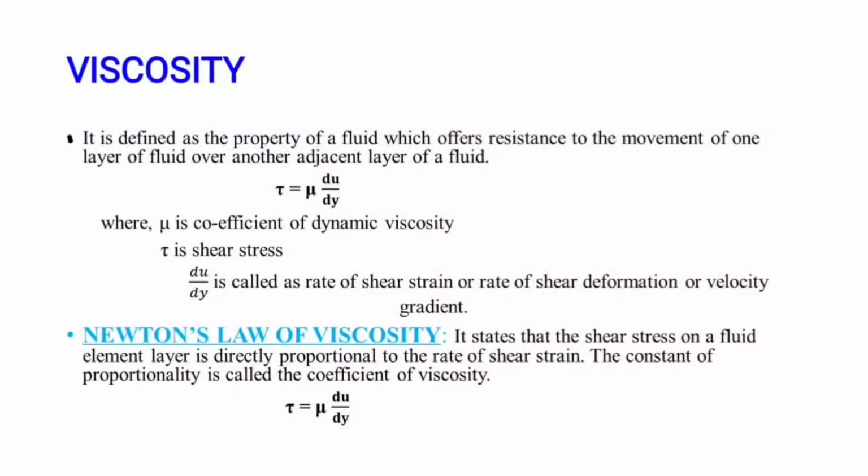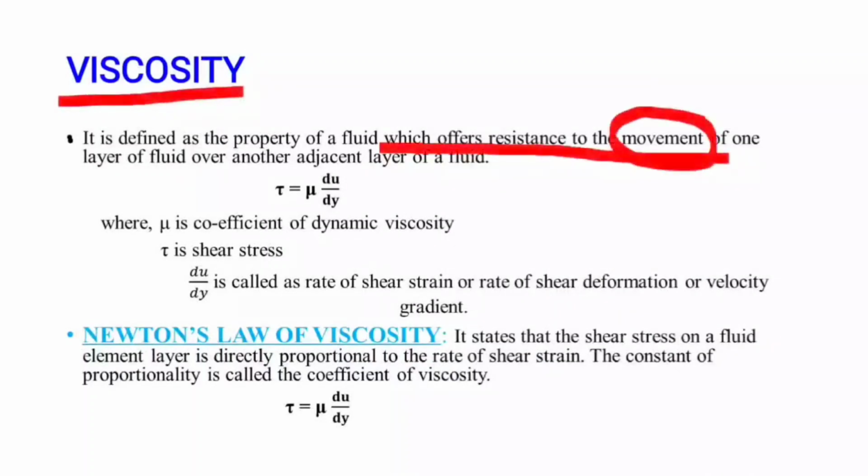The next property is viscosity. What is meant by viscosity? It is defined as the property of a fluid which offers resistance to the movement. Movement refers to the flow.